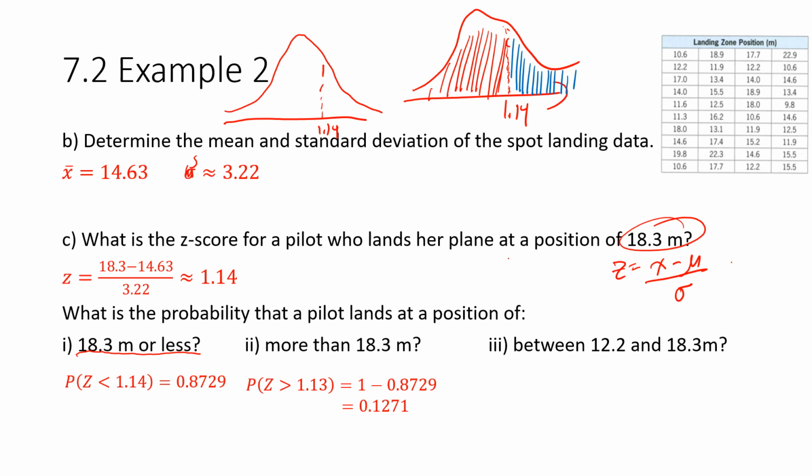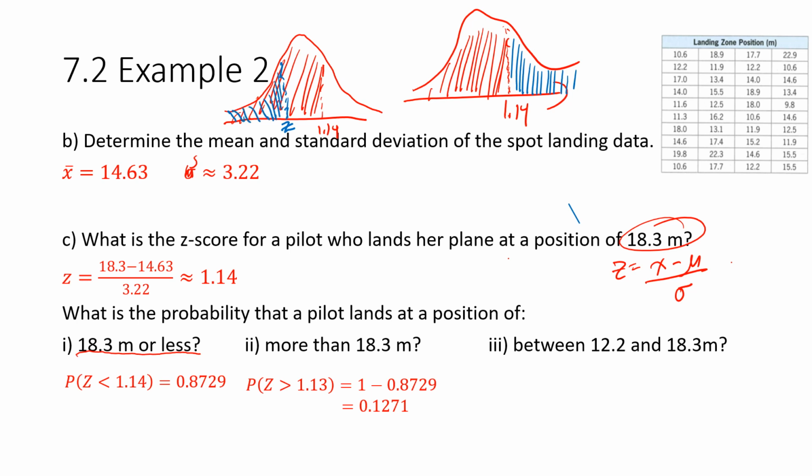The z-score table gives us all of this area right here. 12.2 meters is going to be a z-score that's less than 0, right? Because the mean is 14.63. So whatever z-score we get for that is the probability of all of this area right here.